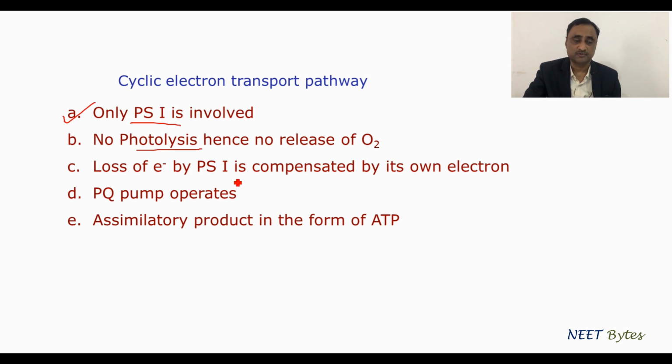So in cyclic electron transport, only PS1 is involved. There is no photolysis. Loss of electron by PS1 is compensated by its own electron. That's why we call it cyclic. The PQ pump operates and the assimilatory product is formed only in the form of ATP. This is about the cyclic electron transport pathway.